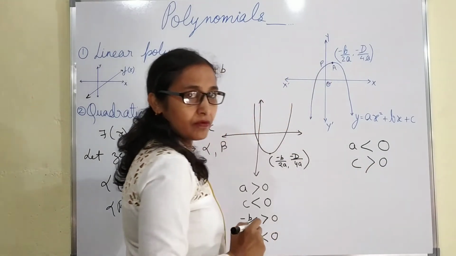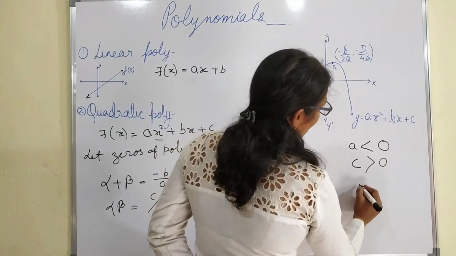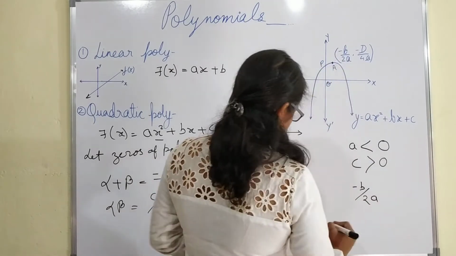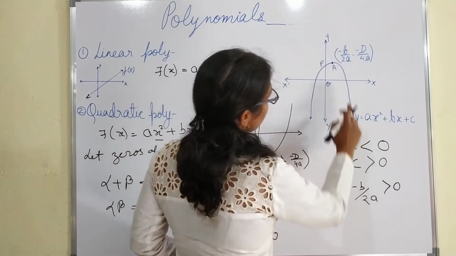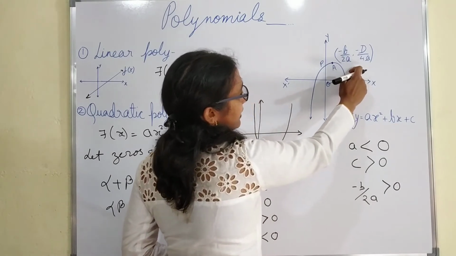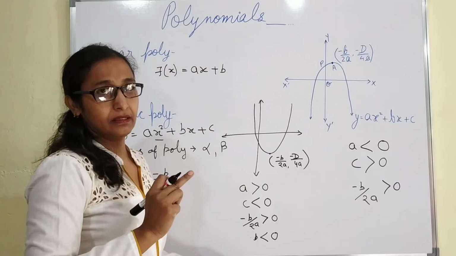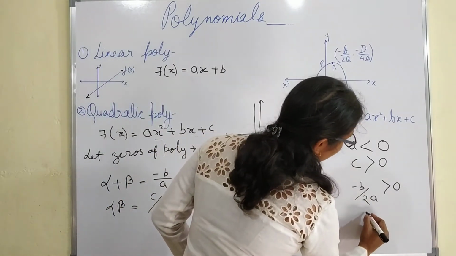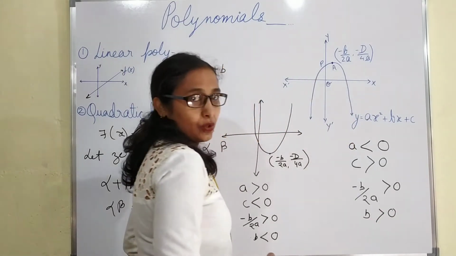And again value of b, minus b upon 2a is greater than 0. Now see, it is in the first quadrant and the value of x is positive. So, minus will be cancelled, so b is greater than 0.